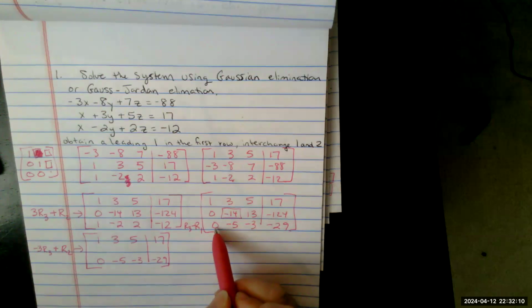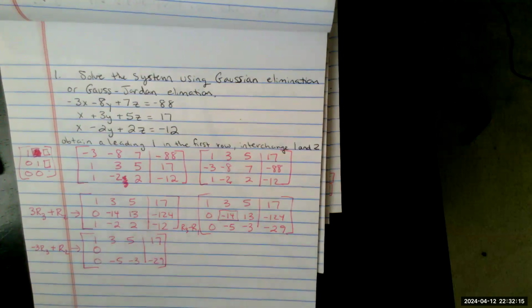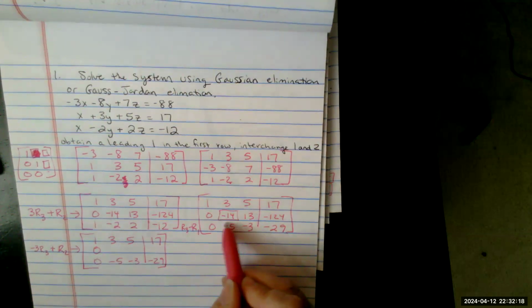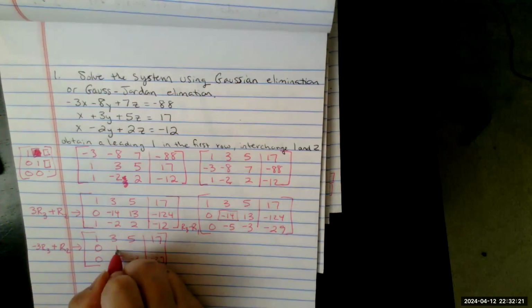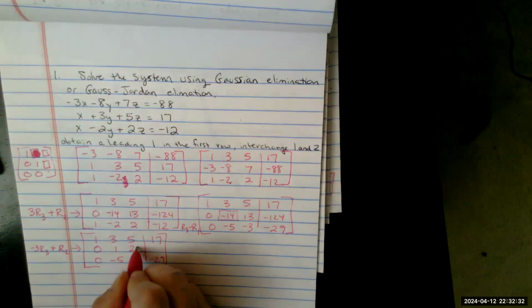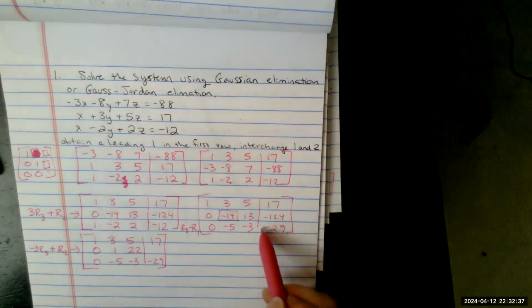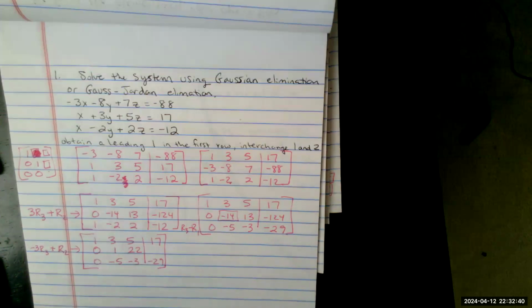So we would get 0 plus 0, which would still be 0. This would become +15 plus -14 is 1. And that's the whole point of what I'm trying to do. This would become 9. 9 plus 13 is 22. And then this times -3, and you can be using a calculator. I'm using a calculator right now. So that becomes 87. 87 plus a -124.